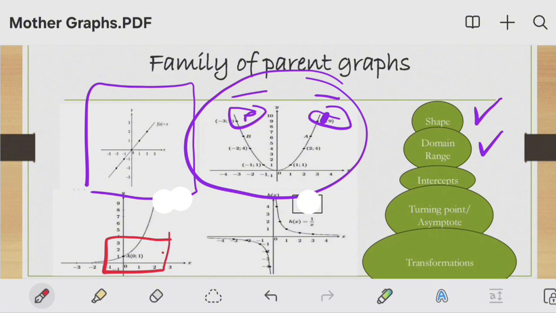Also, as we go on in grade 11 and 12, we will not only be interested in the x-intercept and y-intercept, we may also be interested in where graphs themselves cross one another. For example, we may have 2 or even 3 functions or graphs in the same Cartesian plane, and where one graph cuts another, that's also an intercept.